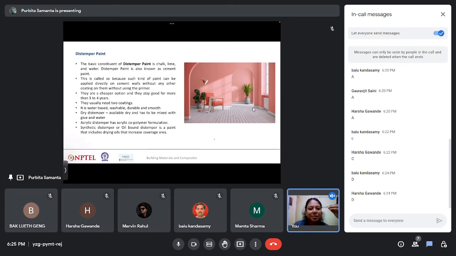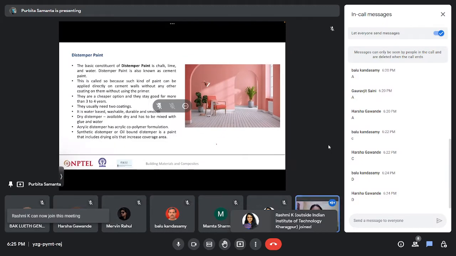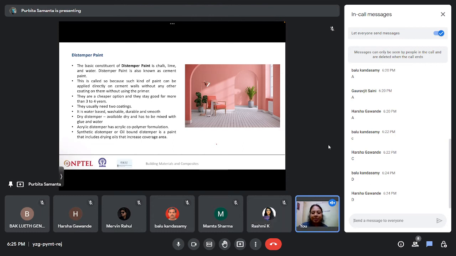However, the cement paint which is applied on the exterior surfaces has some more constituents. So distemper paint is often synonymously called cement paint. However, the cement paint which we are talking of, applied on the exterior, I'll show you what the different constituents are.